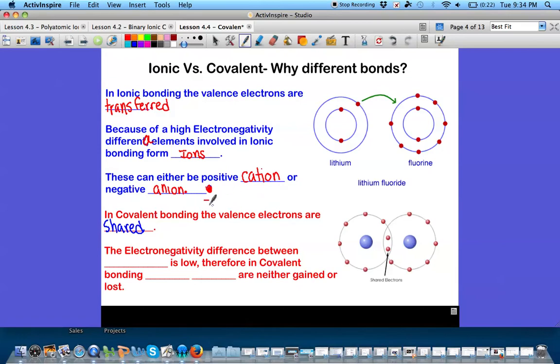The electronegativity difference between nonmetals is low, and therefore in covalent bonding, valence electrons are neither gained nor lost.